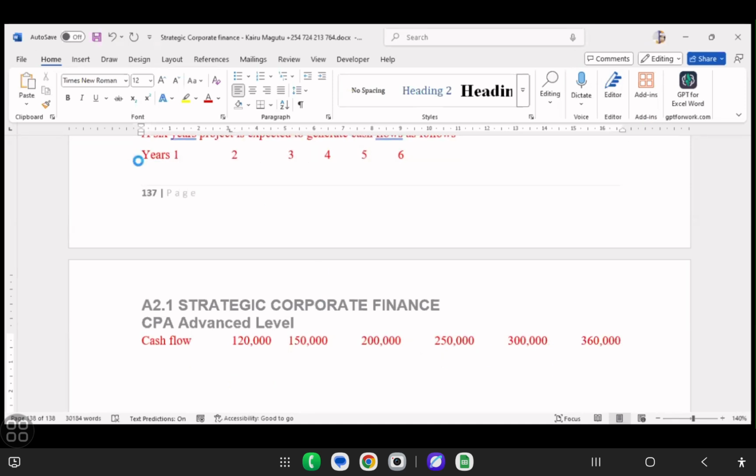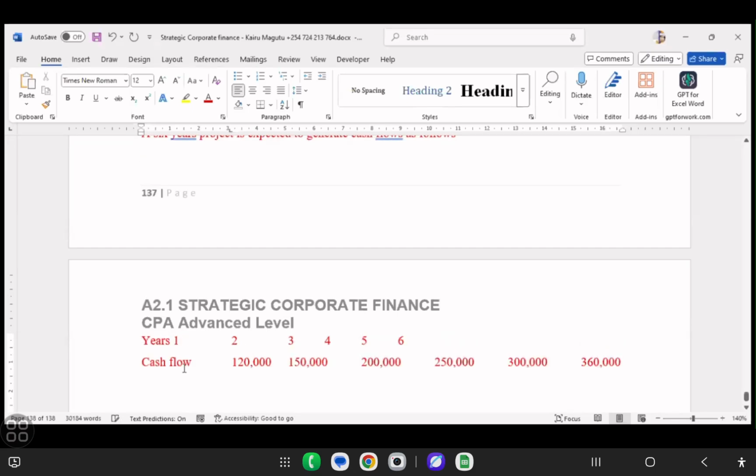I think it is better that way. That's year 1, year 2, year 3, year 4, year 5, and year 6.